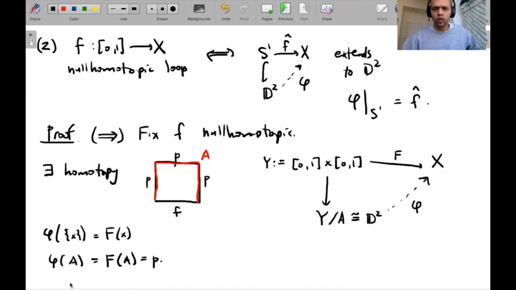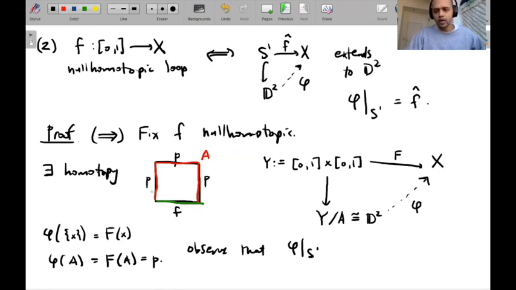Okay, and now our goal here was to show that F hat extends to the disk. So we just cooked up a map from the disk into X. Observe that we want to say that phi restricted to the boundary circle of the disk, well, the boundary of the disk corresponds to this green segment here.